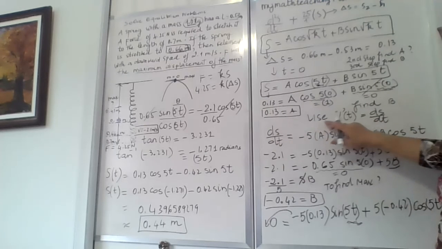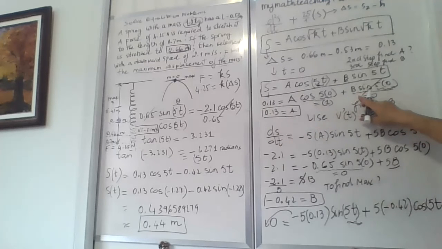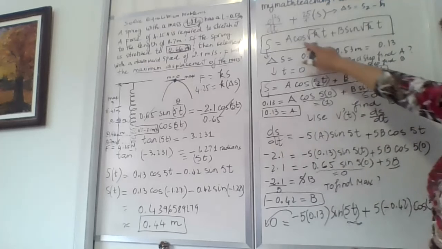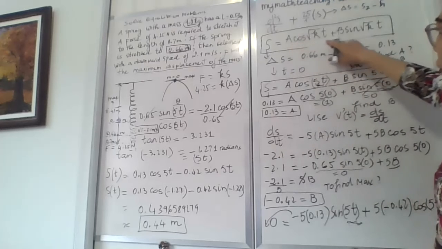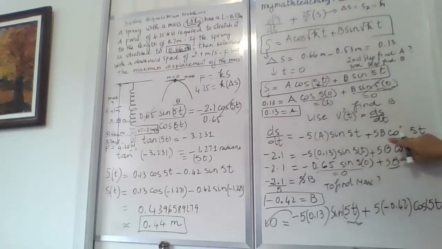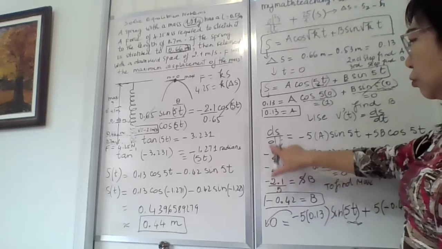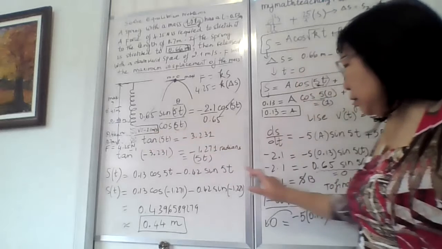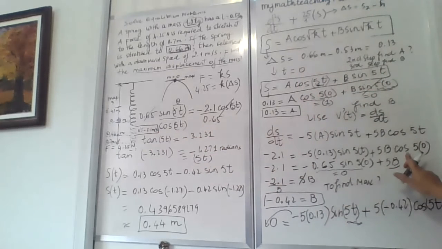Then we use the second equation, from the derivative. We take the derivative of this original function, and that equals this function. After we take the derivative, we can substitute the numerical values. They give us this data in here to find B.